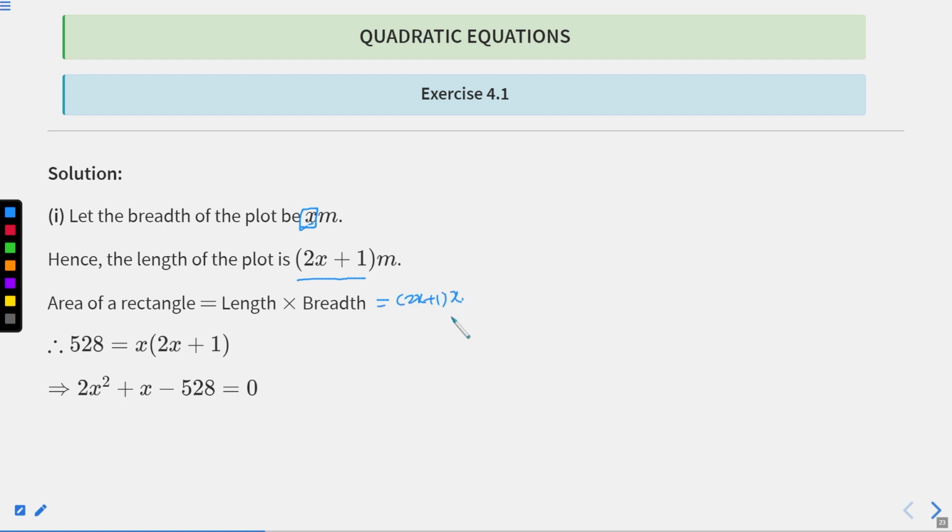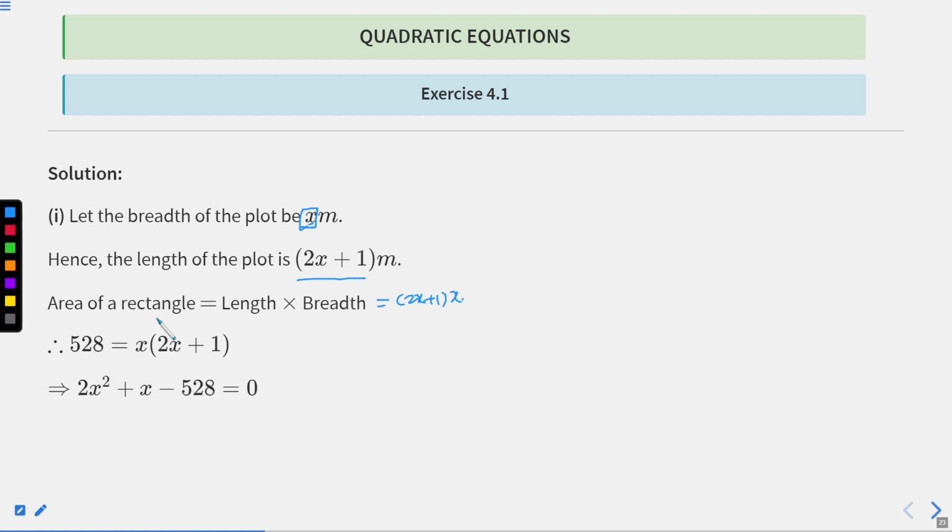times x. In this question we have been given that the area of this rectangular plot is 528 meters square. So now we can create this equation: 528 is equal to x times 2x plus 1.